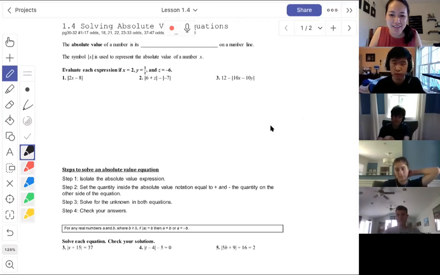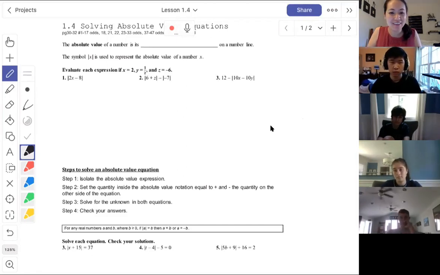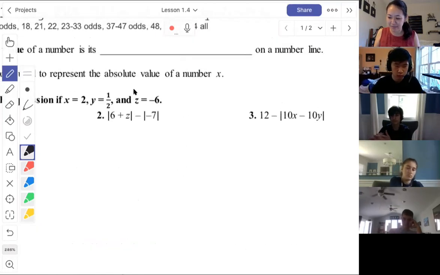All right, lots of positives. The word positive does not come up actually. Here's a hint. Oh, never mind. Don't need a hint. Zach got it. Nice. Distance from 0. Nicely done.